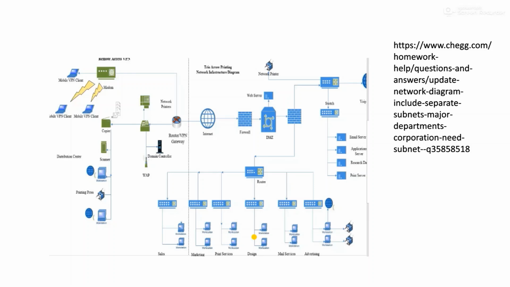Okay, so if we take the context of a sales department, marketing department, or design department, the sales department will have their own IP addresses, assigned by the DHCP server, and the marketing department also has its own set of IP addresses assigned by the DHCP server.